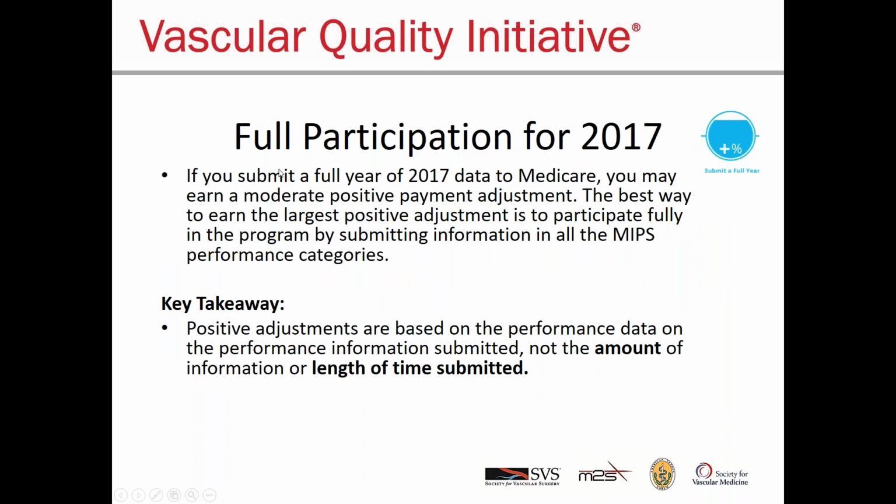Full participation, same thing, just 12 months. So most likely you're in a big group if you're trying this, or you're doing a registry, or you're doing G-Pro reporting on your big group, which is a CMS website, et cetera, and you just continue to do that because you were doing it for PQRS for 9 measures, you're going to drop back to 6, and you're going to move forward.